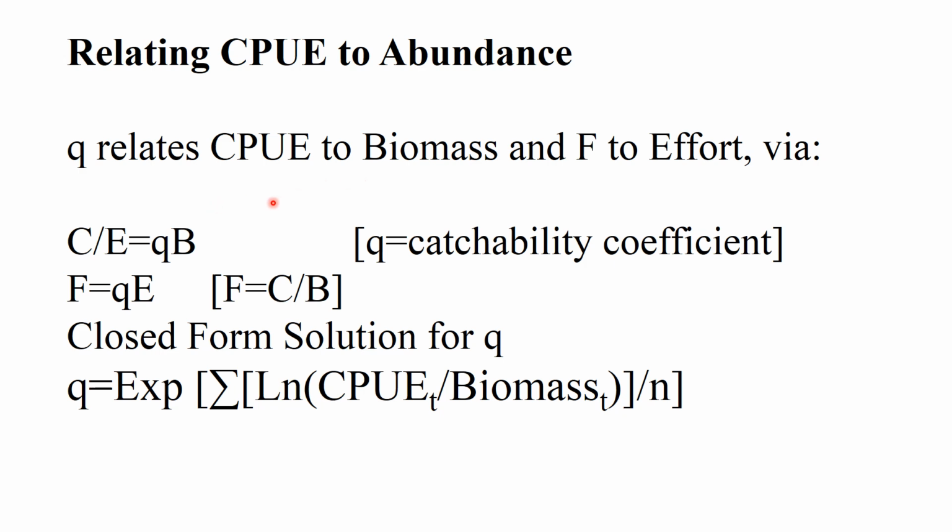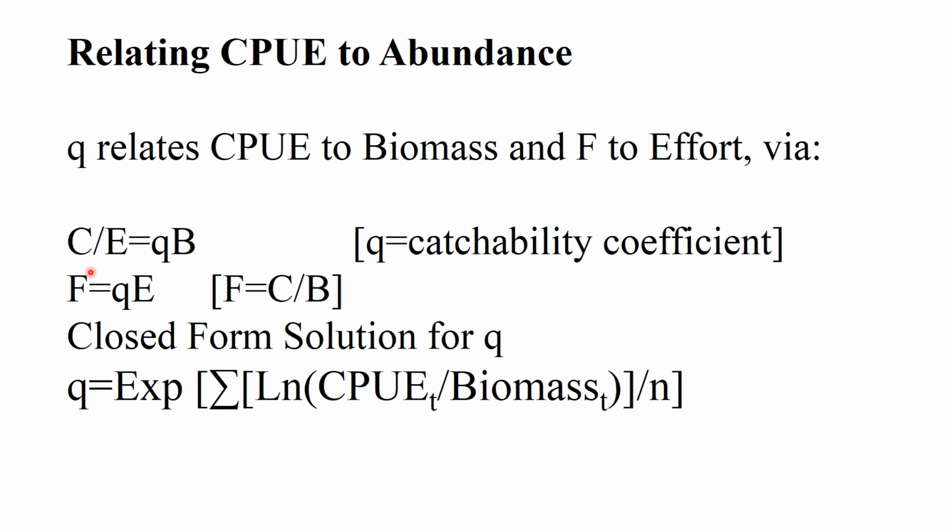That is Q, and that Q is related to CPUE, to biomass, and fishing effort, basically the fishing mortality. So C/E, catch by effort, is equal to the catchability coefficient times biomass.